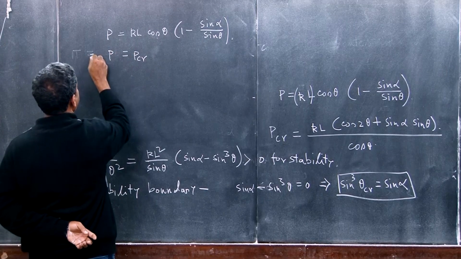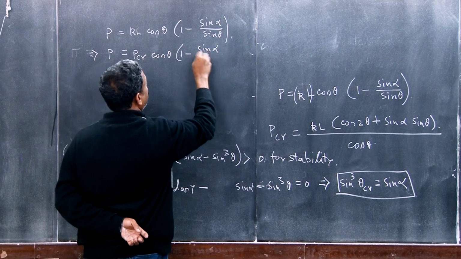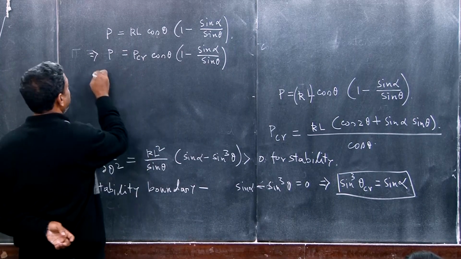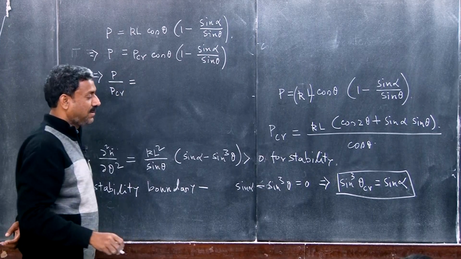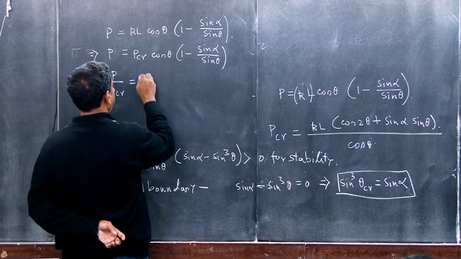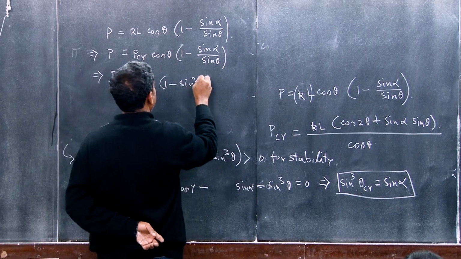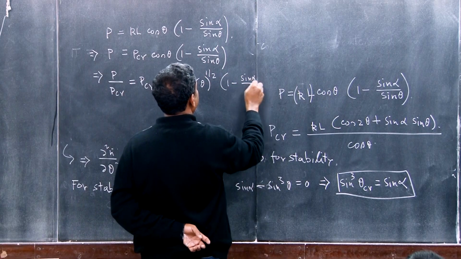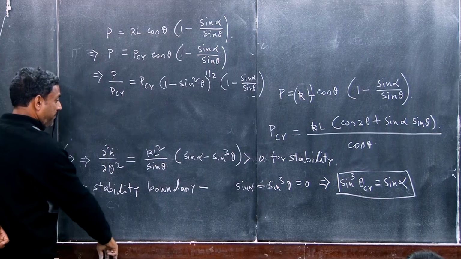So, P is equal to P critical cos theta times 1 minus sine alpha by sine theta. Now P by P critical: in the stability boundary I can see sine cube theta is equal to sine alpha, so I will substitute here. Cos theta is nothing but (1 minus sine square theta) to the power half, times 1 minus sine alpha by sine theta.